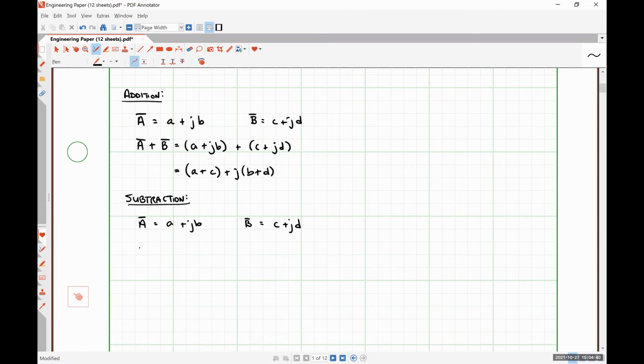So this is going to be A minus B, which looks like a plus jb minus (c plus jd), which would be a minus c plus j(b minus d). So subtraction works in the exact same way that vector subtraction works as well. Hopefully, addition and subtraction are very straightforward.